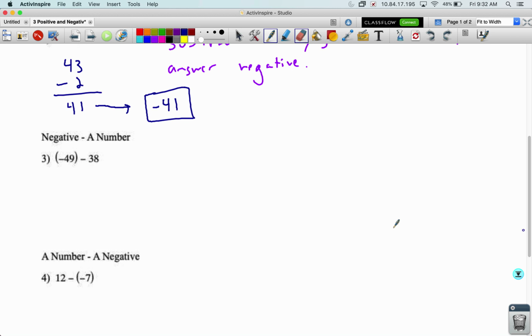All right, how do we deal with a negative minus a number? So we're already in debt and then we spend more money. This is how you can think about this. So what we're going to do is ignore the negatives. Don't worry, they're going to come back. So ignore the negatives and add the 2 numbers.